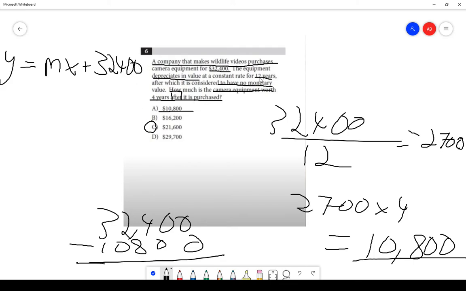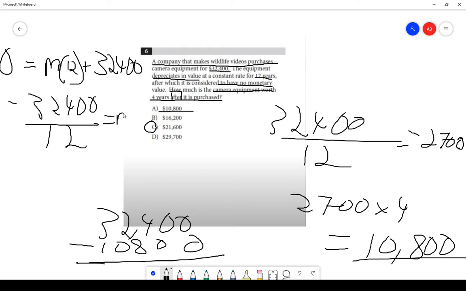And we also know that in 12 years, which is the x value, the monetary value would be 0. So y is equal to 0 when x is 12 years. And you just want to solve for m, in which you're going to get the slope. So you're going to do negative 32,400 divided by 12 equals m, and that's going to be m equals negative 2,700.